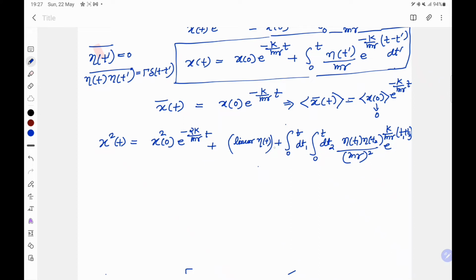Let me pull the e to the power minus 2 kappa over m gamma t out of the integration.